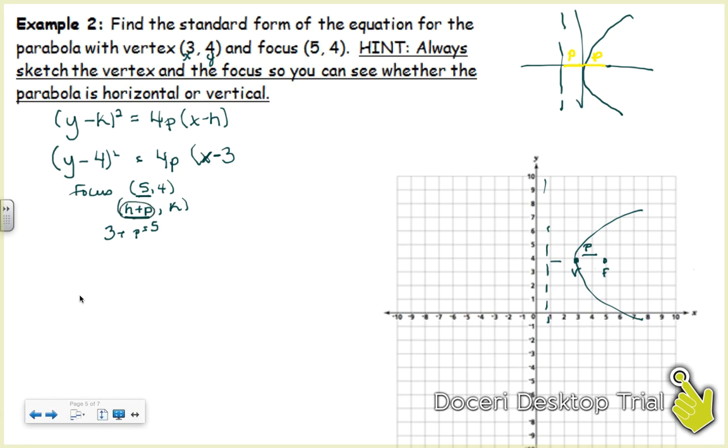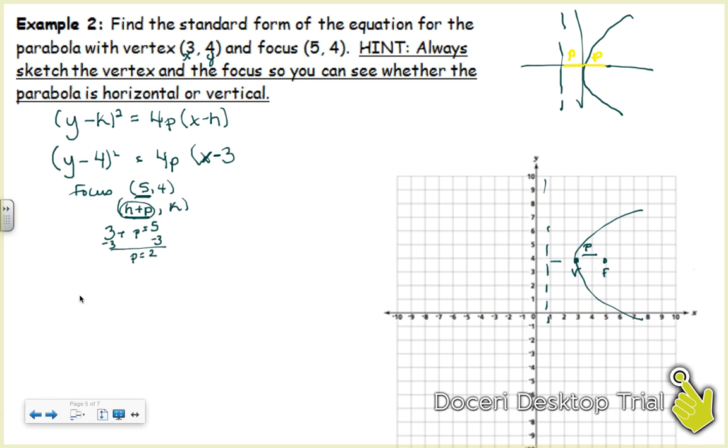So this should equal that. When I solve for p, I get p is equal to 2. You also might be able to see that on the graph when you were plotting those 2 points and I showed it on the graph.